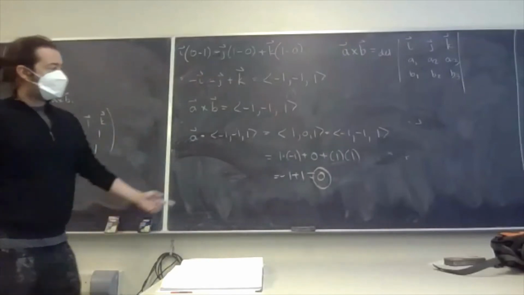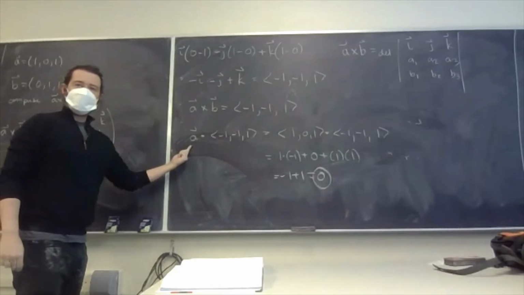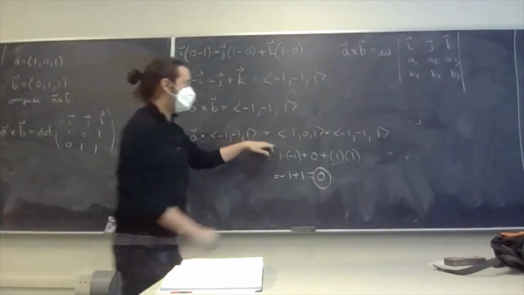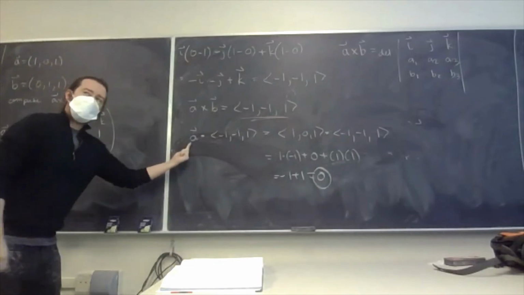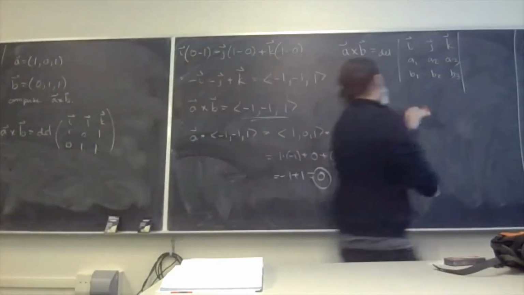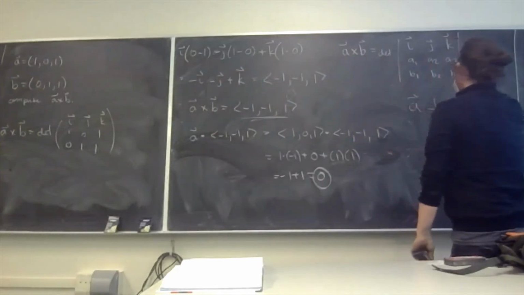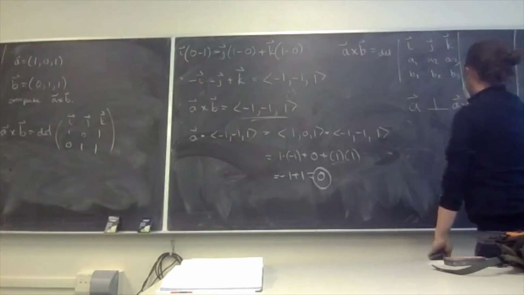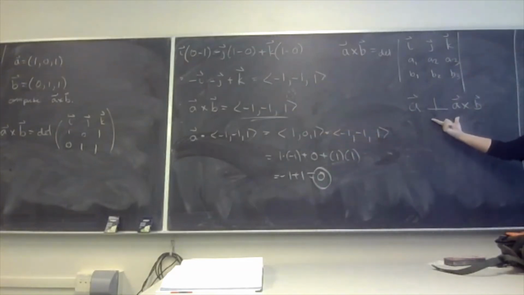So the cross product is perpendicular to A, right? When I take the dot product with the original vector, I got out nothing. That means A is orthogonal to A cross B. The dot product being 0 tells us that it's at a right angle.